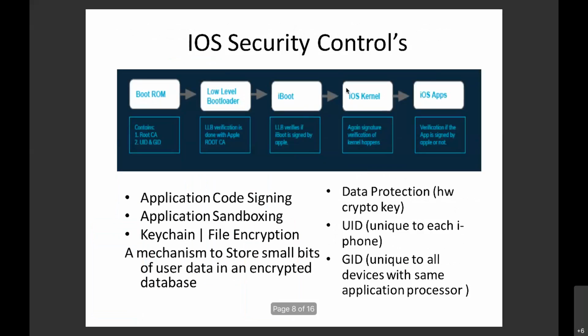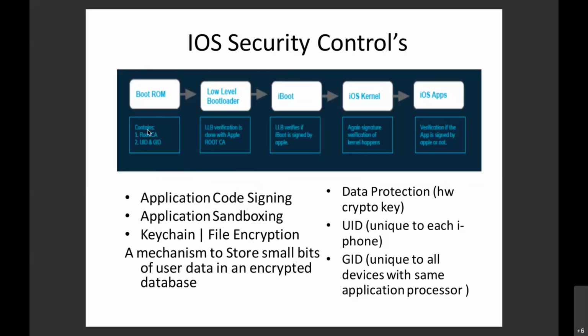Like in previous sessions, you may have seen malware based attacks. In iOS, from when the iPhone starts, it is a bit more secure compared to Android. At the boot level, while the operating system loads, it first checks the root CA.